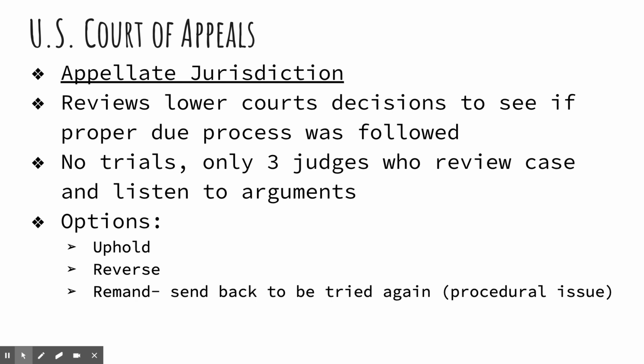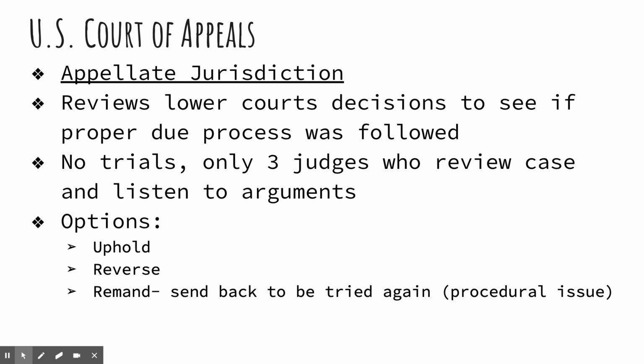If the U.S. Court of Appeals remands a case and sends it back, that means there was a procedural issue. Okay, so maybe there was an issue with letting certain kinds of evidence in. So think back to that case, Mapp v. Ohio, that we talked about a few days ago.